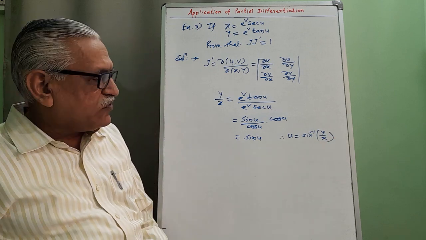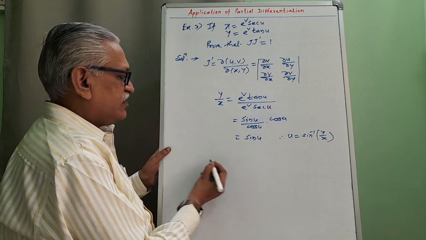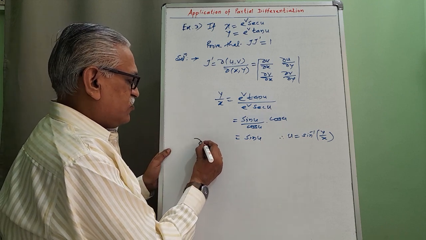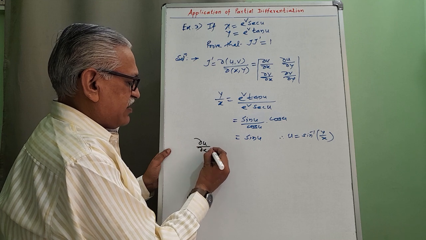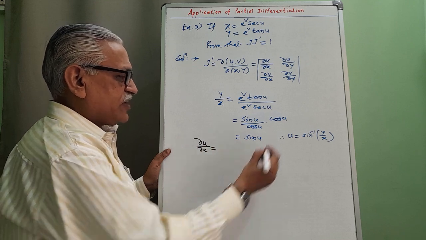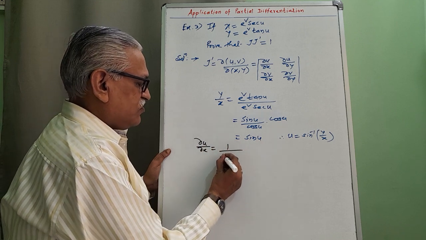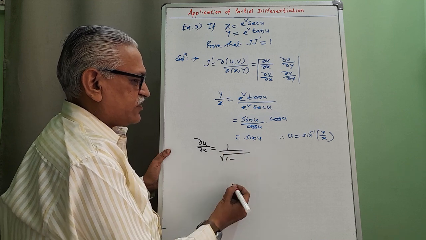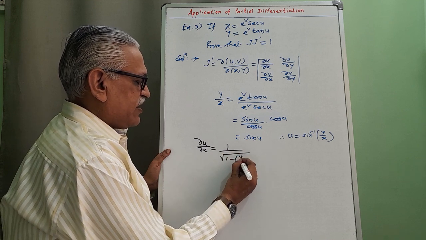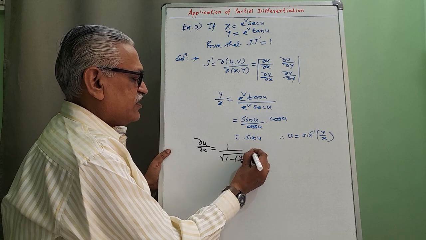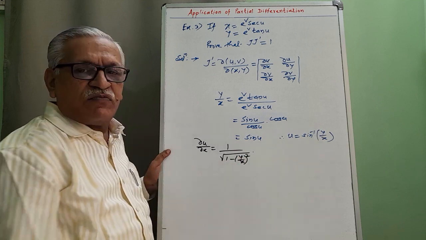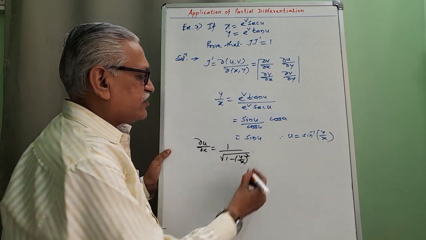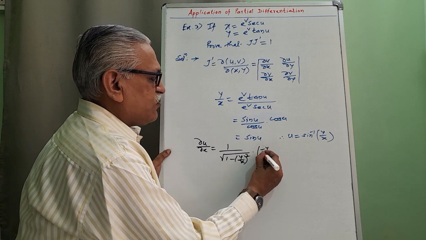Then differentiate this with respect to x, keeping y constant. We get dou u by dou x as the derivative of sin inverse, which is 1 upon root of 1 minus y by x whole square. By the chain rule, the differentiation of the term y by x with respect to x is minus y upon x square.